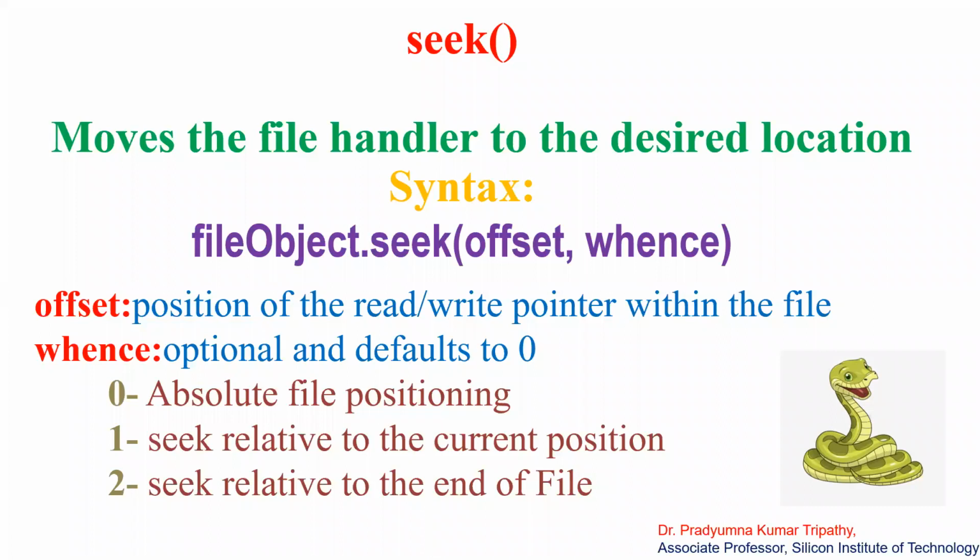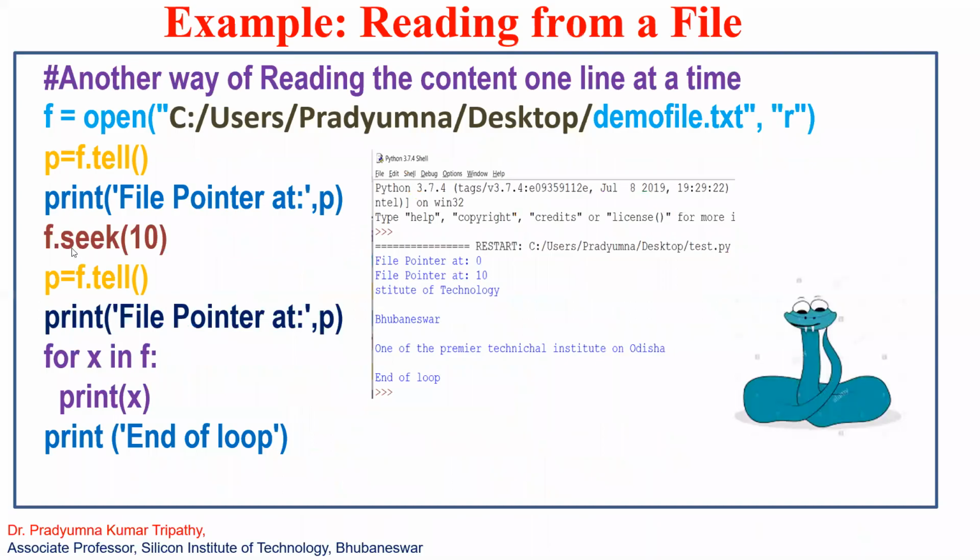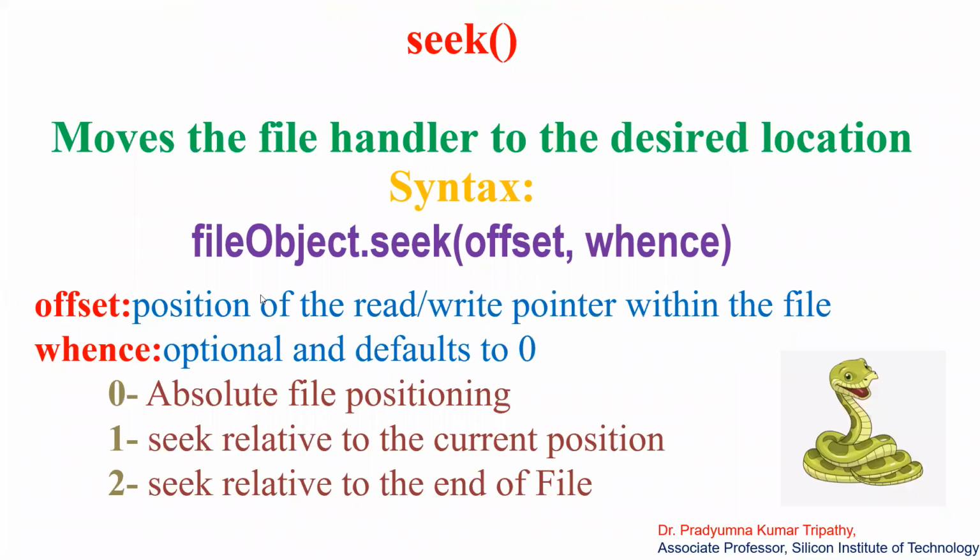So if I want to read from the current position, suppose I am at the 10th location and I want to move 5 bytes from the current position, what will I write? 1. Seek relative to the current position. So if I write f.seek(10, 1), that means 10 bytes from the current location. 5, 1 is 5 bytes from the current location.